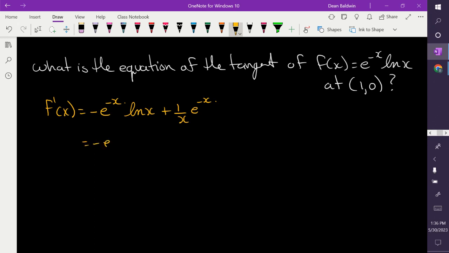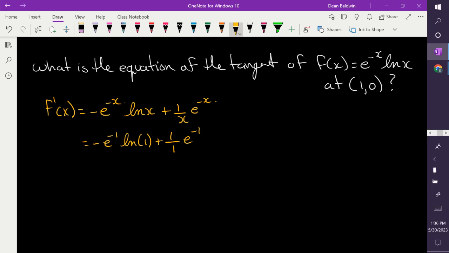So you get negative e to the negative 1 natural log of 1, plus 1 over 1 times e to the negative 1. Why is this nice? Does anything disappear? Put 1 in as x. It disappears.